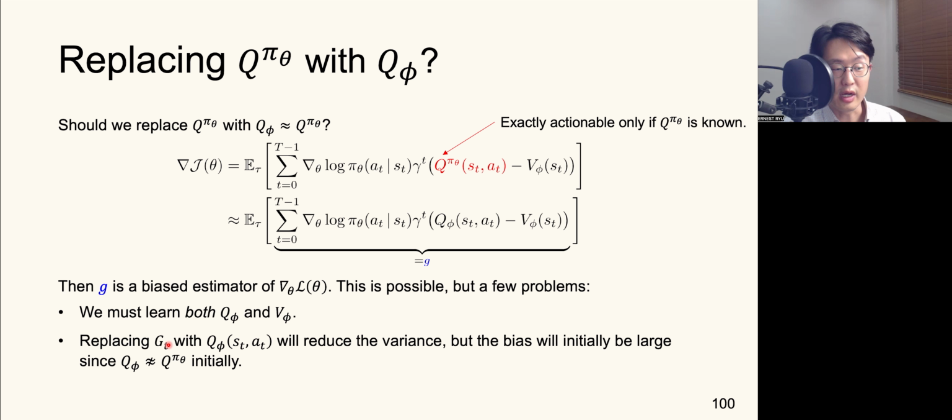GT will provide an unbiased estimate, but it has higher variance because it's not Rao-Blackwellized. Replacing GT with Q phi will reduce the variance, but the bias will be initially large when the Q network is not a good approximation of the true Q value function.